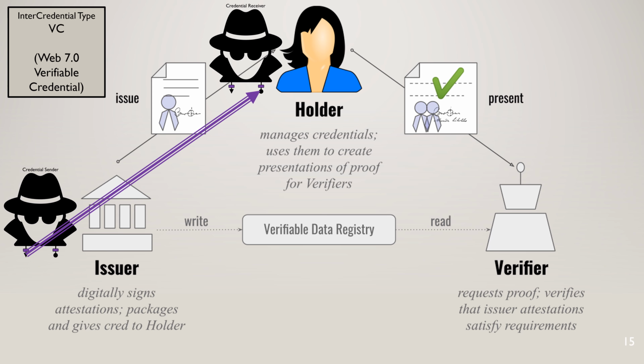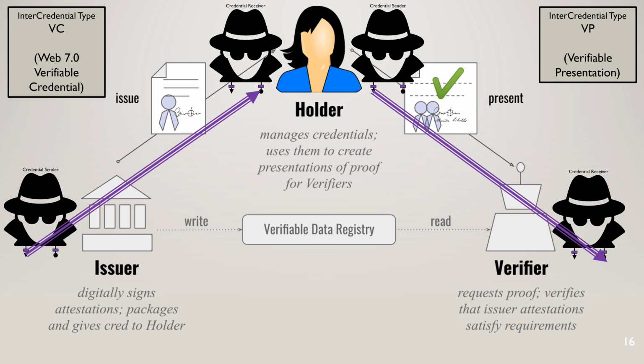On the left-hand side, an issuer is just a special instance, a derivation, if you will, of a credential sender, and it's going to send that verifiable credential to the holder. And the holder is just a specialization or a derivation of a credential receiver. Everything that we know about verifiable credential intercredentials applies here. And we can see in the top left-hand corner, the intercredential type is VC.